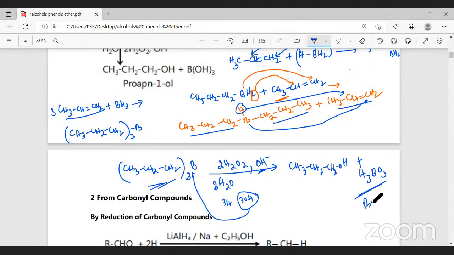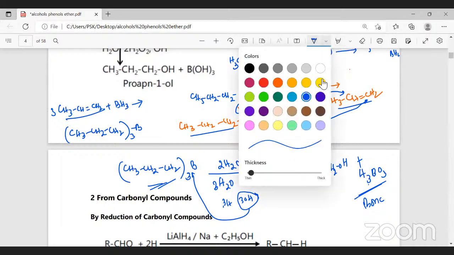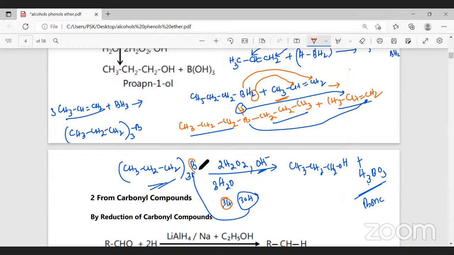This is called boric acid as a product, because this 3 hydrogen is there, H3, this is B, and this hydrogen peroxide will give you 3 oxygen, because hydrogen peroxide is an oxidizing agent. So H3BO3 is called boric acid. The byproduct is boric acid.